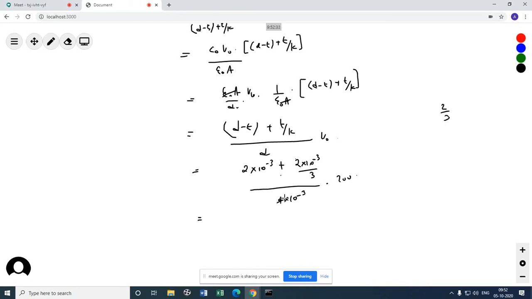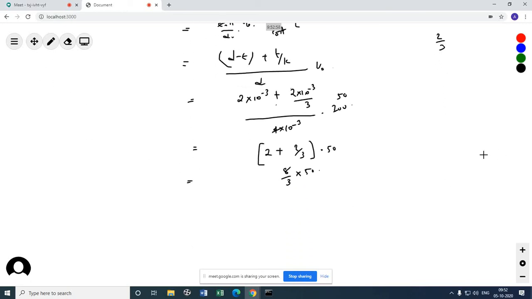So we can make this 50, and 10 to the power minus 3 will get cancelled out. So 2 plus 2 by 3 into 50, okay, 3 twos are 6, 6 plus 2, 8 by 3 into 50.